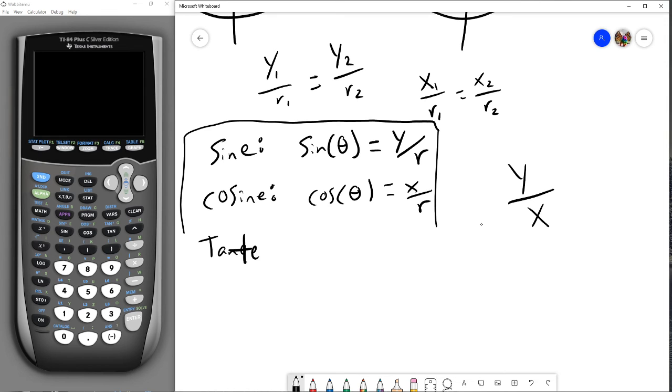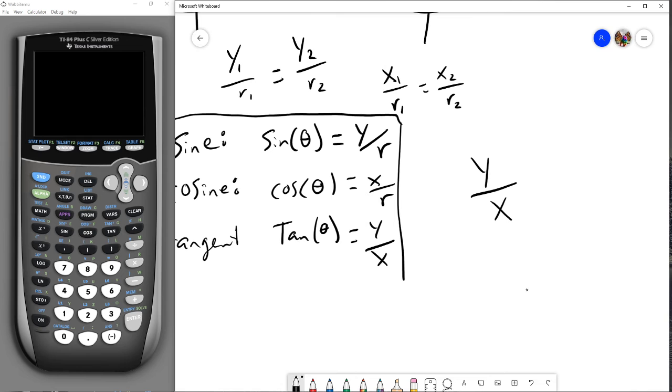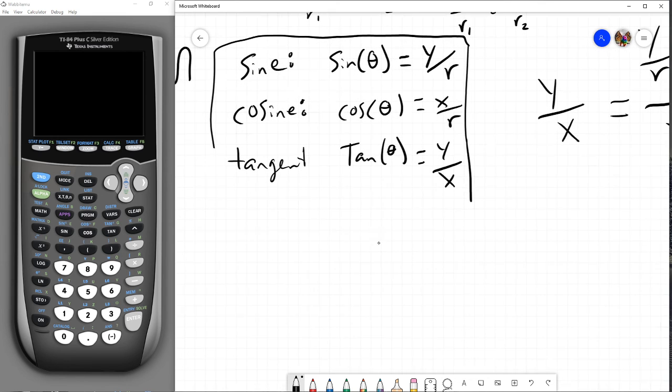We abbreviate this with TAN. So tangent theta is going to equal y over x. Essentially, we're taking the ratio of y over r and dividing it by x over r, but the r's cancel out. Okay, so that's what this ratio is getting at.